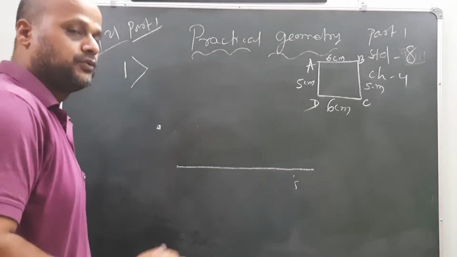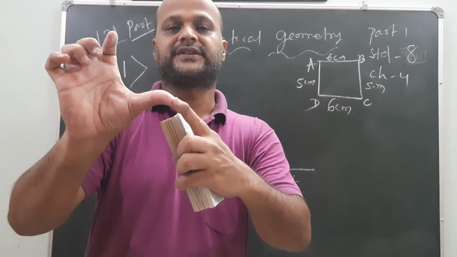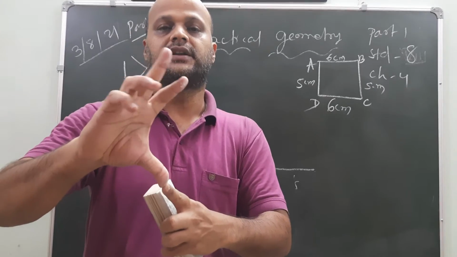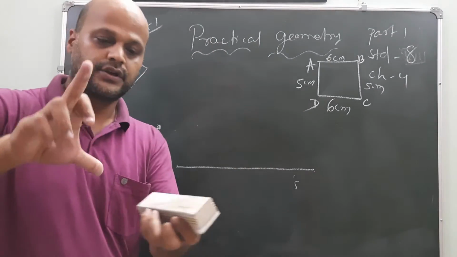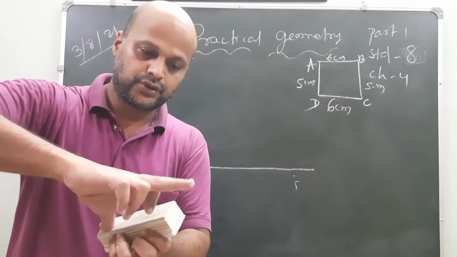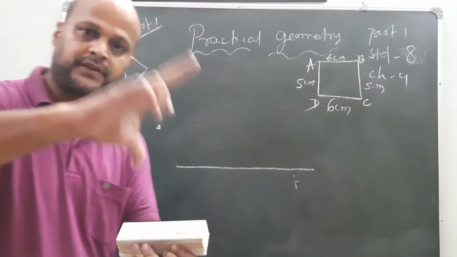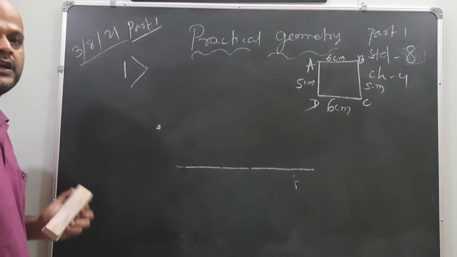Another process is with the help of your compass needle. Suppose my thumb is the compass needle and my middle finger is the pencil. First take the measurement from the scale, 0 to 6 centimeter. Then transfer it to the first point and cross the straight line.